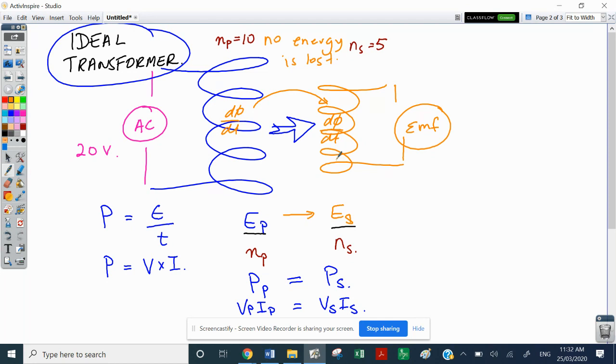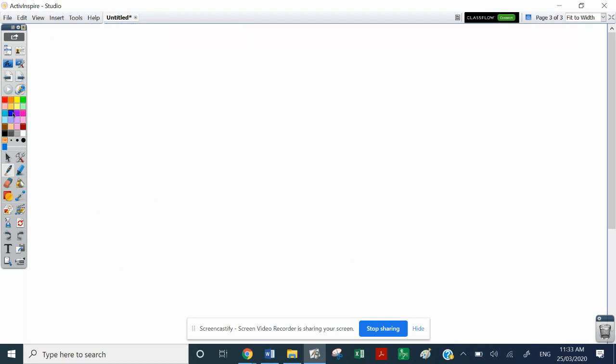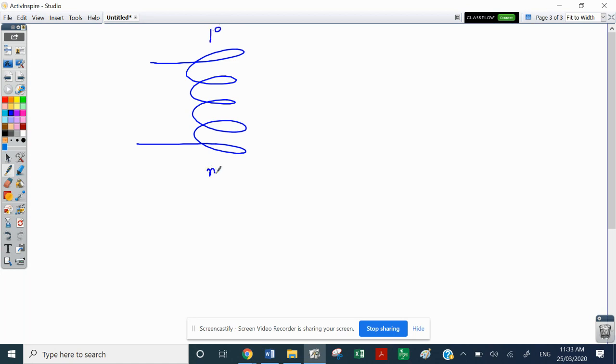So going back one more time to our situation, here's our primary coil. We said that this had 10 windings and it was 20 volts AC. And our secondary coil here had 5 windings.